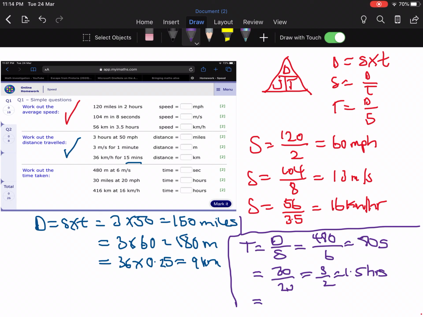And the last one is 416 divided by 16, which is, 16 goes in the 4 twice, 26 hours. So that's what you had to do for the first part, which seems pretty straightforward.